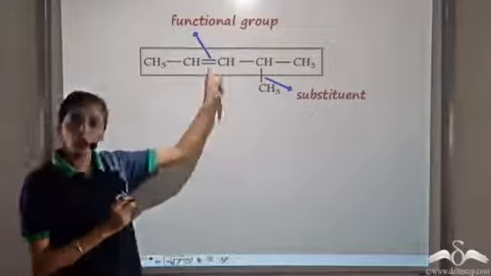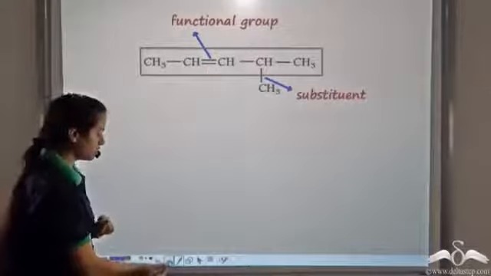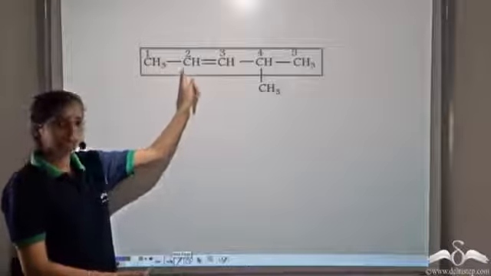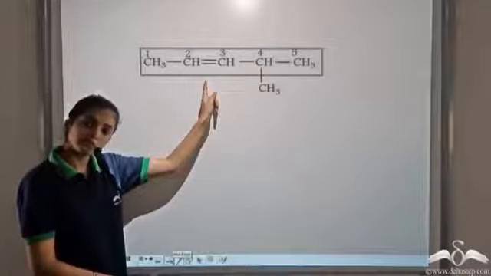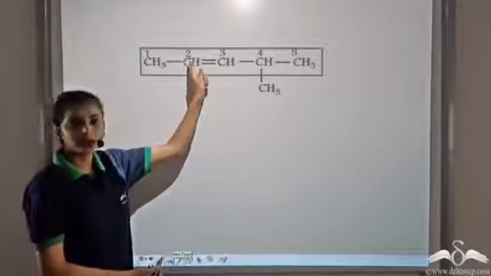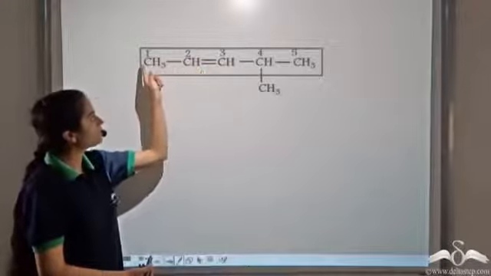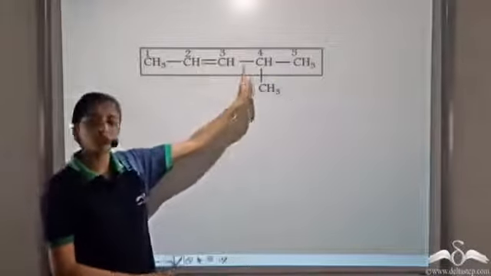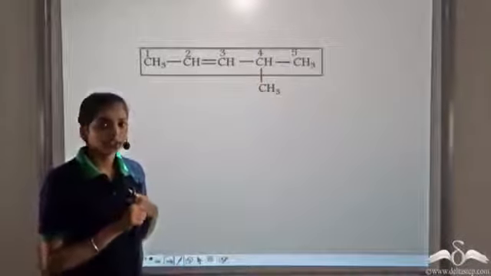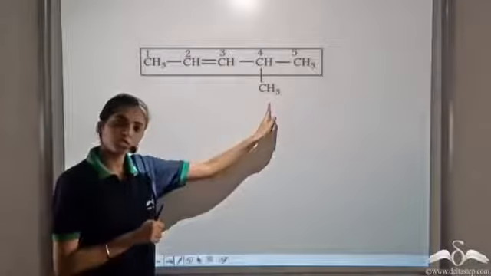Since we give the higher priority to the functional group, we start the numbering from the left hand side. So when we number it from left, the double bond, which is the functional group in this case, gets a higher priority, so it gets a lower number. So we number it 1, 2, 3, 4, 5. The first step is to write the prefix. The prefix comes from the substituent.